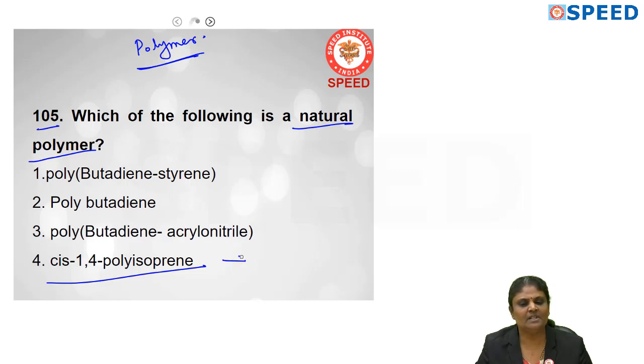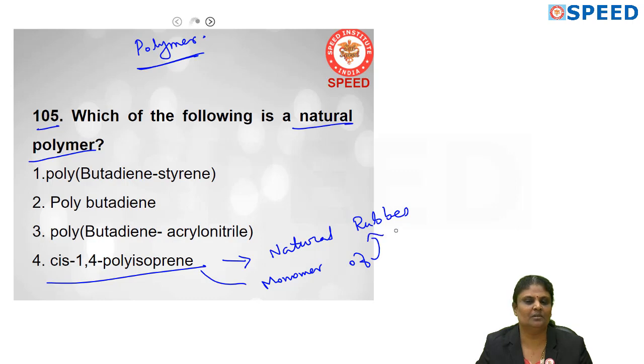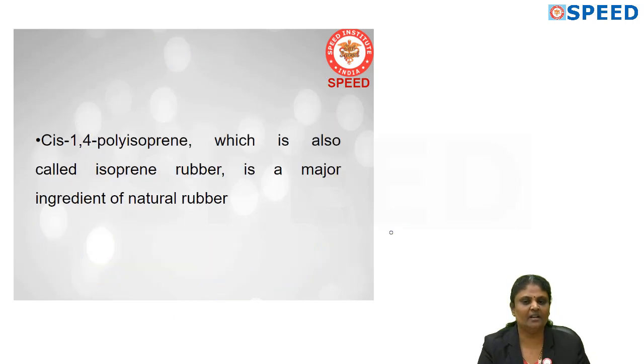So this is present in natural rubber. So your question is natural polymer, rubber is the polymer. So this is the monomeric unit. So 1,4 polyisoprene is the monomer of this natural rubber. Okay, so this one is the correct.